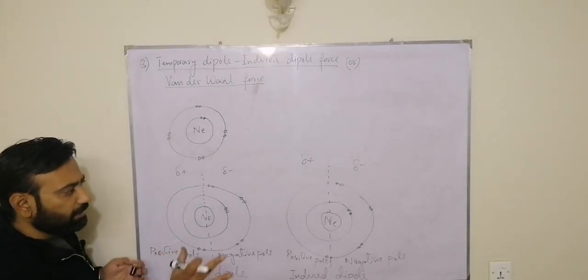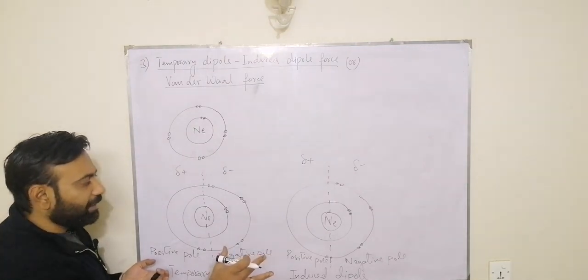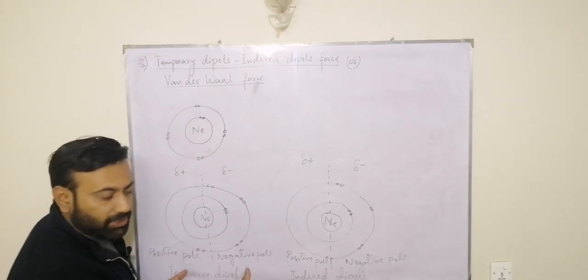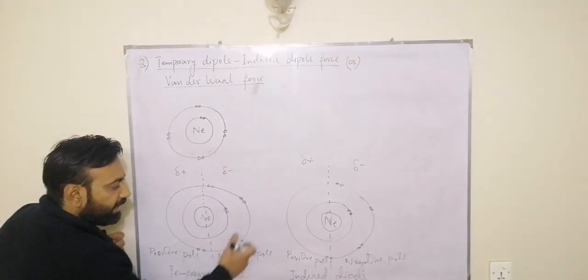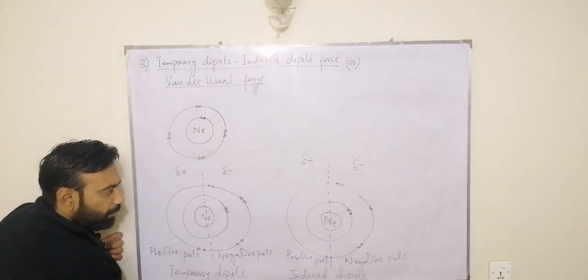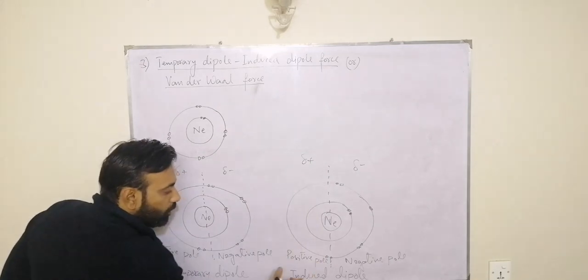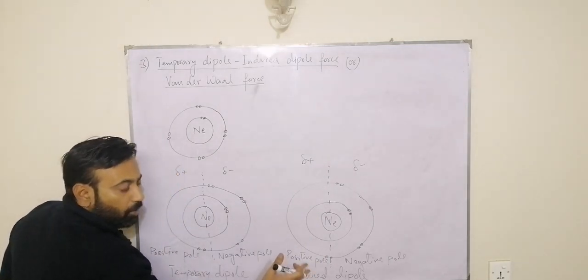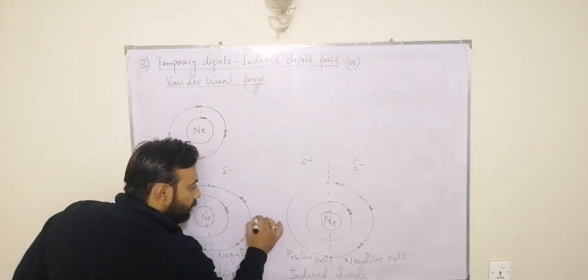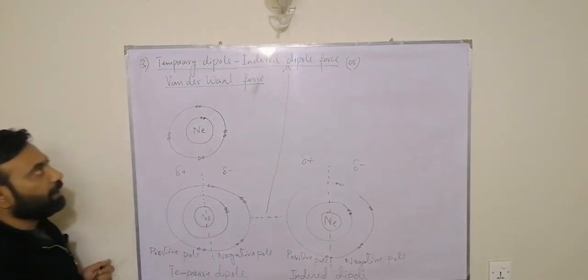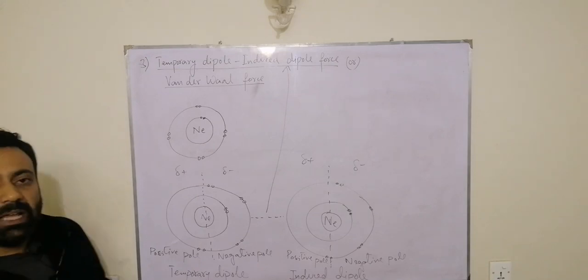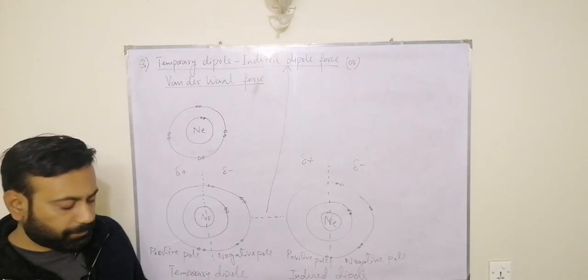But as long as these atoms are in this position, there will be a force of attraction between the negative pole of the temporary dipole and the positive pole of the induced dipole, or vice versa. That force of attraction is called temporary dipole induced dipole force.